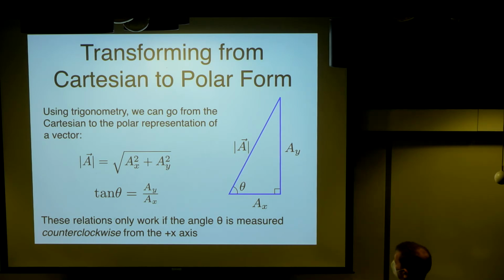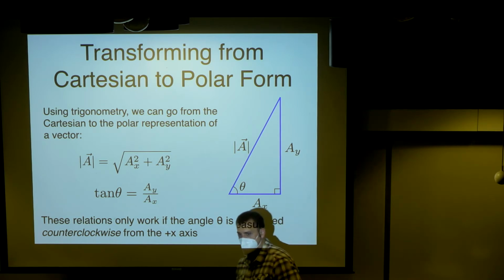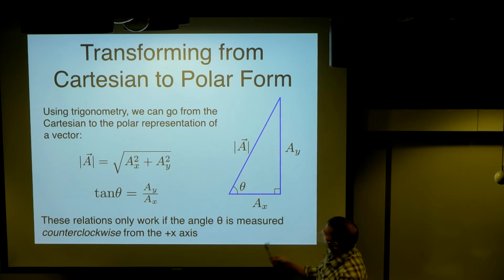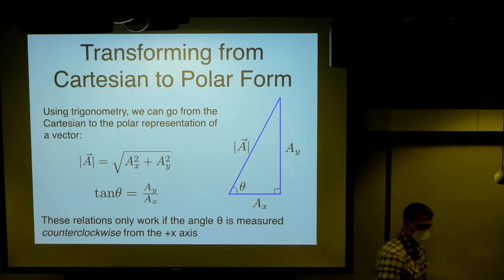So if I already have the x and y components, can I find the magnitude and the direction? Well, of course, and the way we're going to figure it out is to use the same right triangle that we used before to work out the other relationships, okay? So I'm going to go back to this slide, but right now I just want to work out those relationships and then we'll summarize, okay?